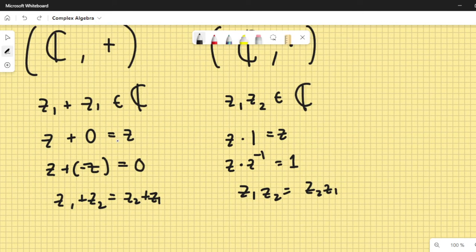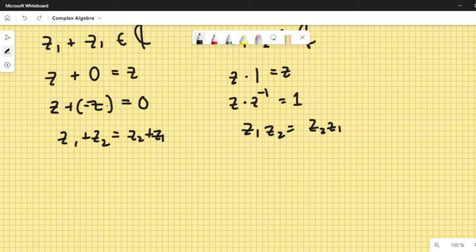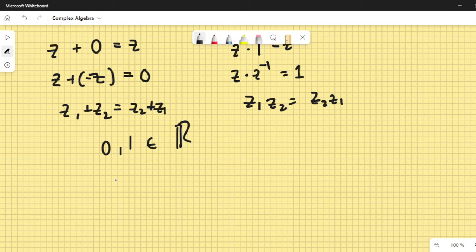What else? You may think, well, zero is a real number, so is the zero really the identity of the complex numbers? Well, as I mentioned before, yes. Zero and one are both real numbers, but it's easy to write them as complex numbers.